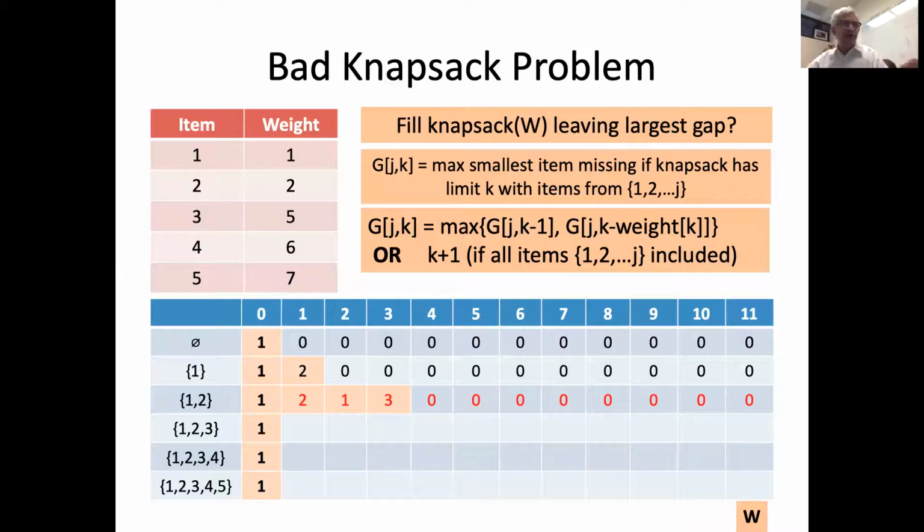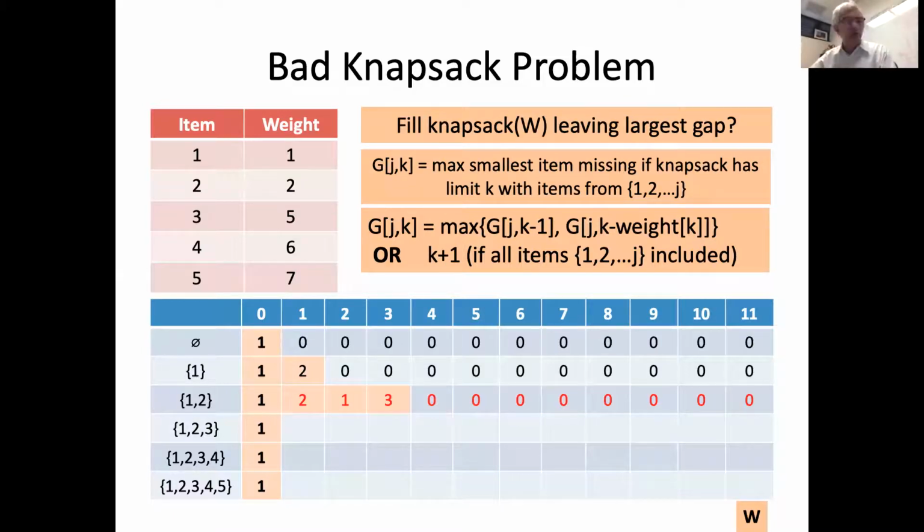If I take item 1, then I won't be able to put item number 2. So this should have been 2, not 1. Right. I did make a mistake here.